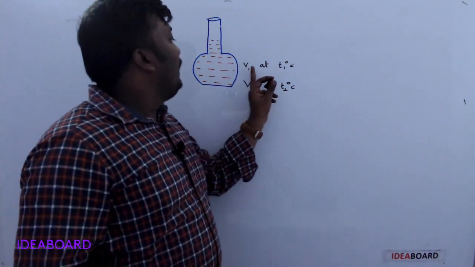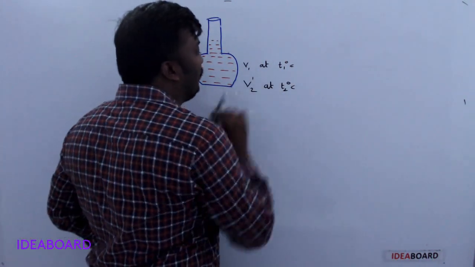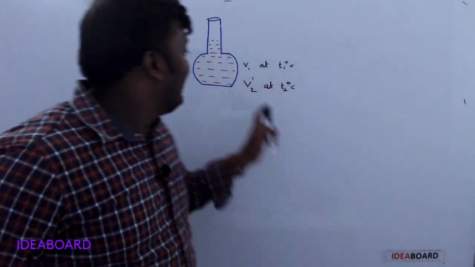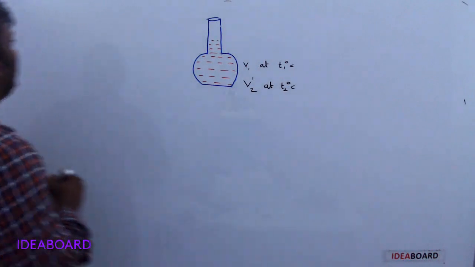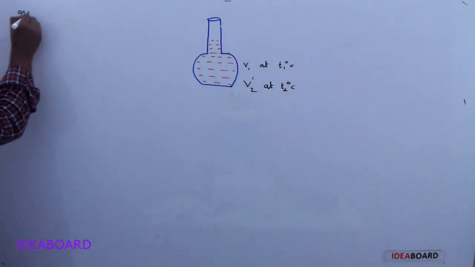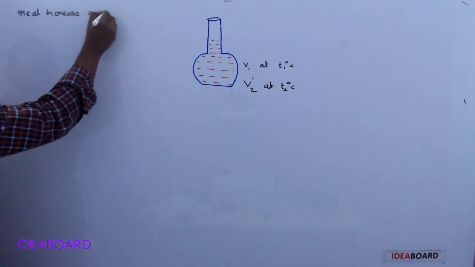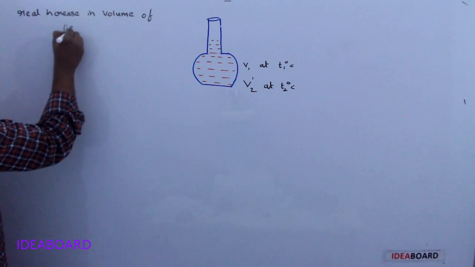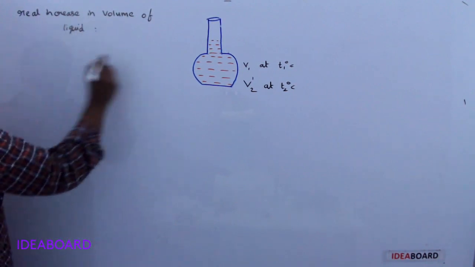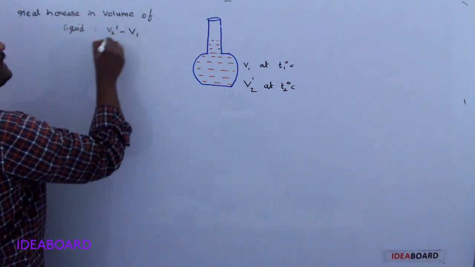Now, the volume of liquid is V1 at T1 degree Celsius, and at T2 degree Celsius, the volume of liquid is taken as V2 dash. So the real increase in volume of liquid is the increase in volume, V2 dash minus V1.